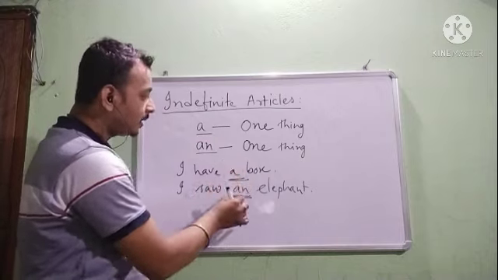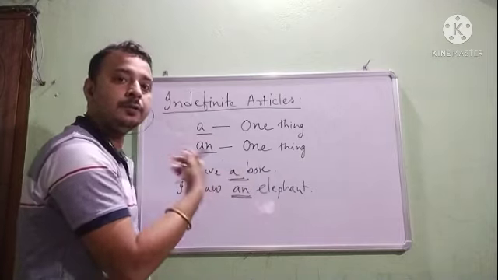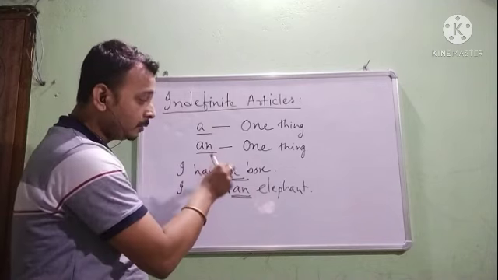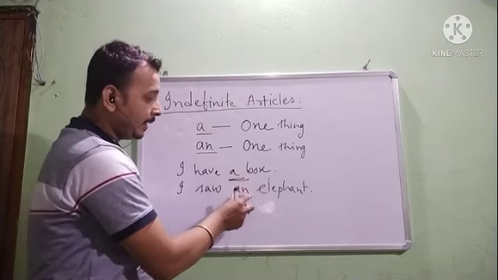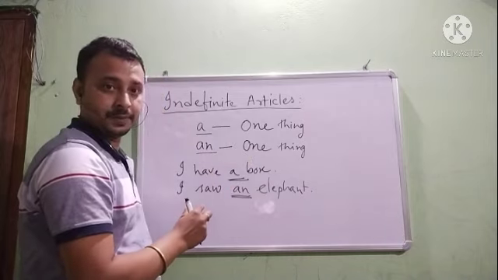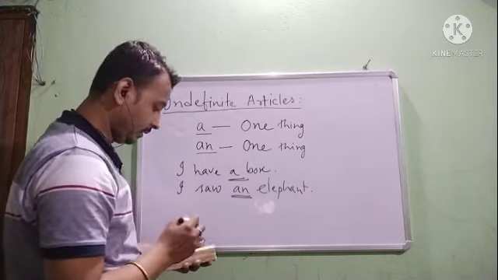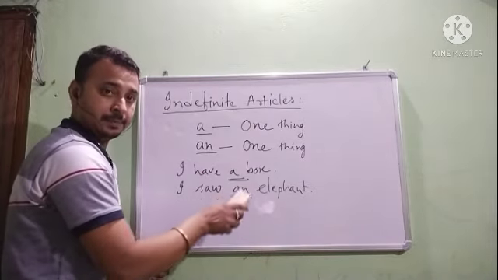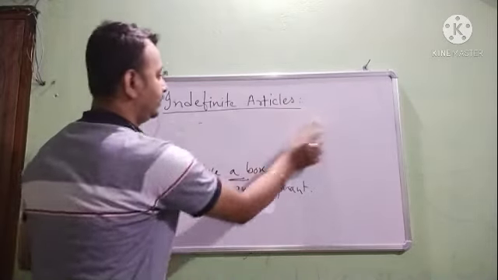They mean the same, one. Then why can't we use them in the same sense? I will tell you why we don't use a in place of an and an in place of a.